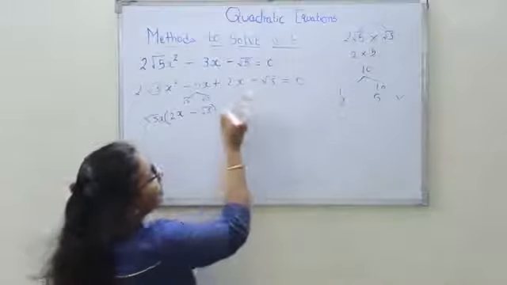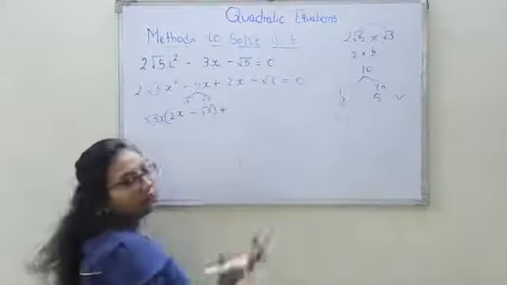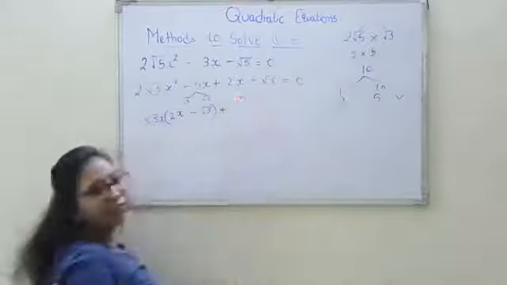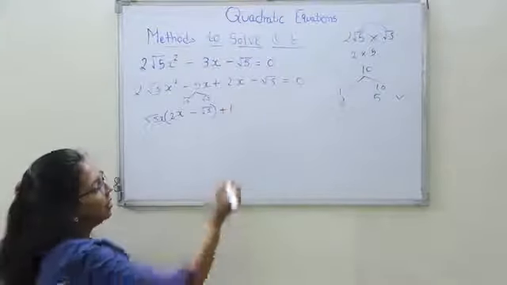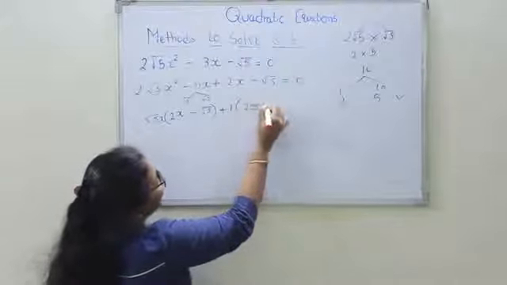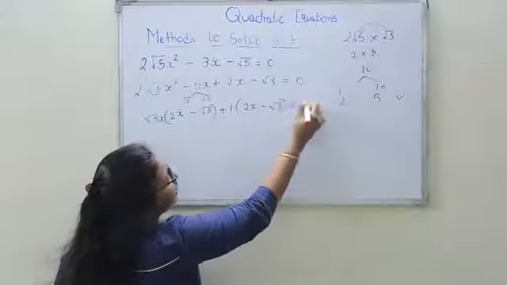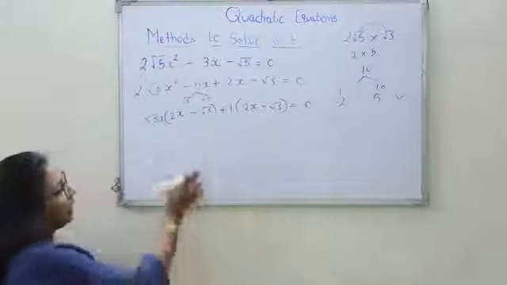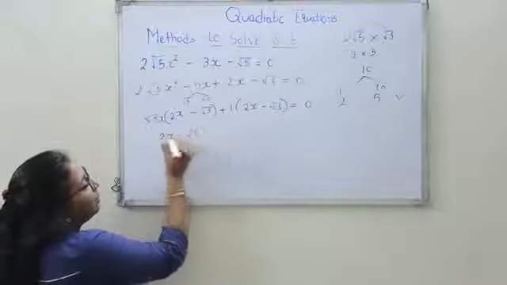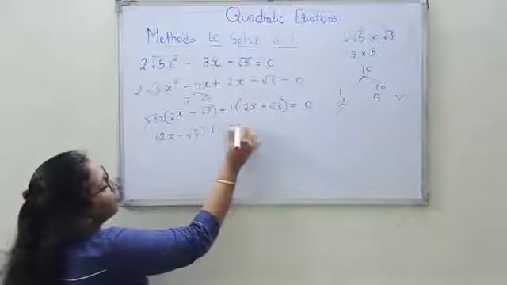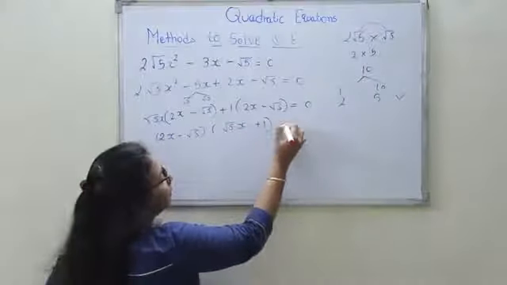Next, out of the other 2 terms, 2 and root 5, there is no common factor, neither x nor anything, so when there is nothing common we write 1. So it is 2x minus root 5. Again, out of these 2 terms, 2x minus root 5 is common. So what is left? Root 5 x plus 1.